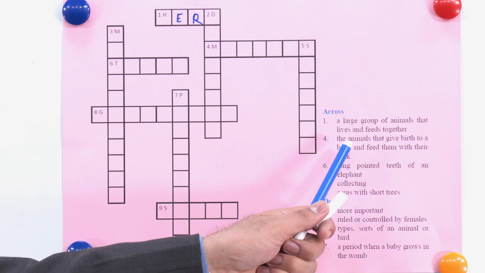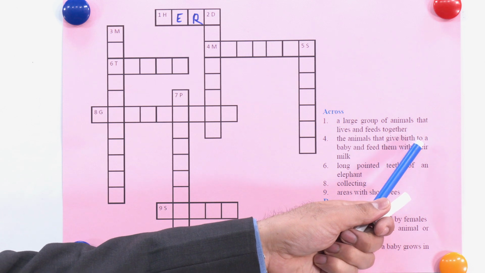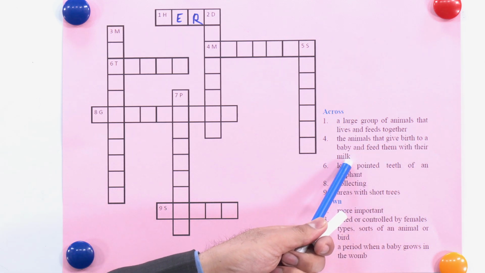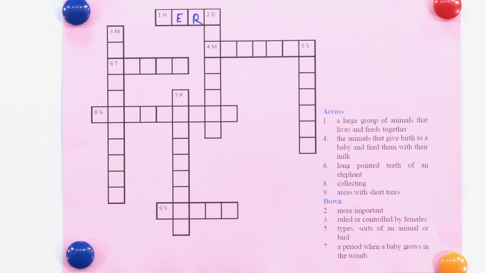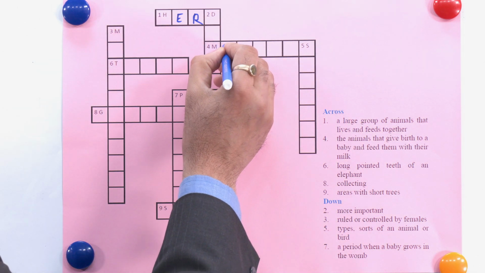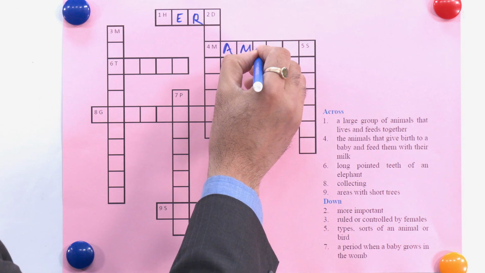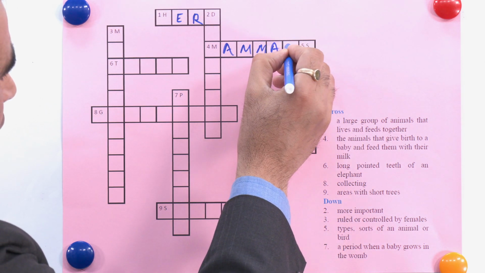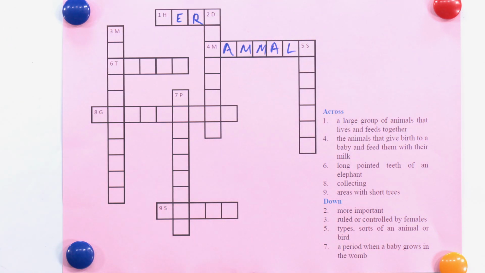Similarly, the animal that gives birth to a baby and feeds them with their milk. What is it? Okay, mammals. Number 4, M A M M A L S, mammals.